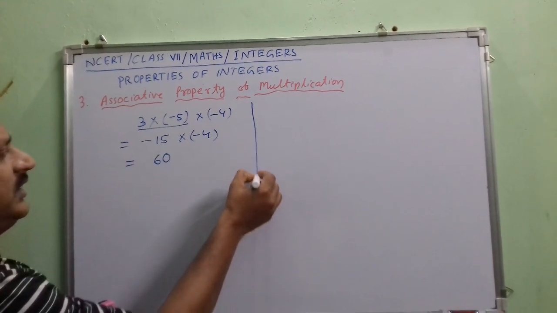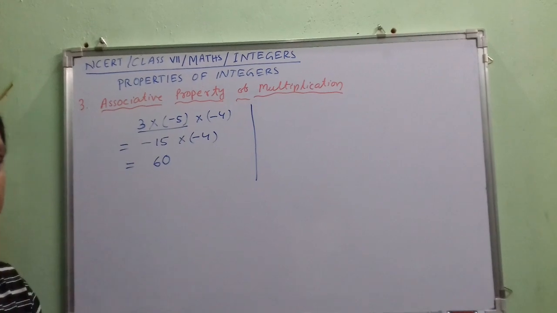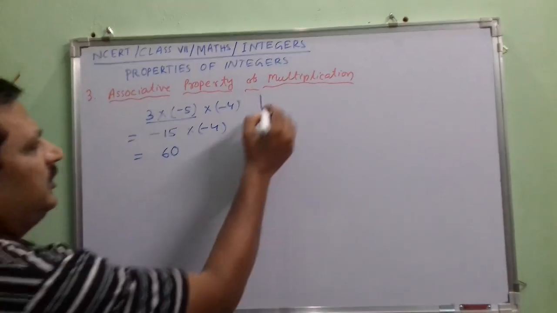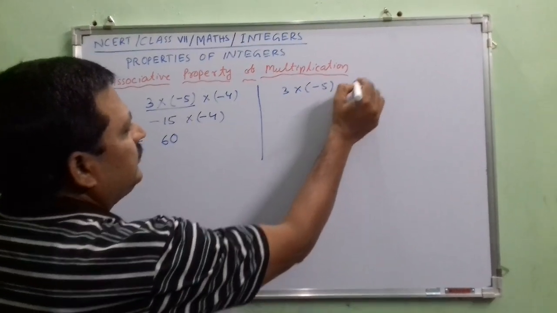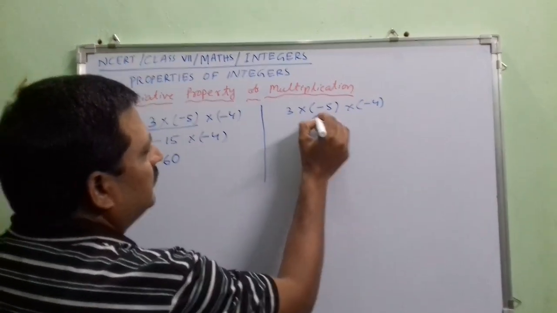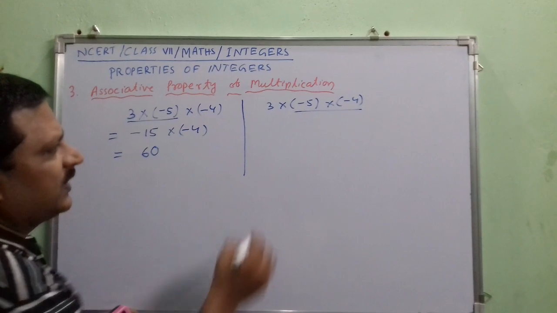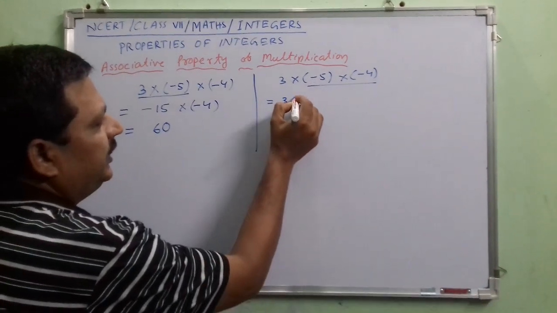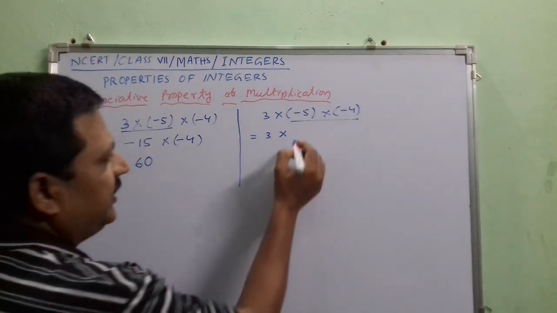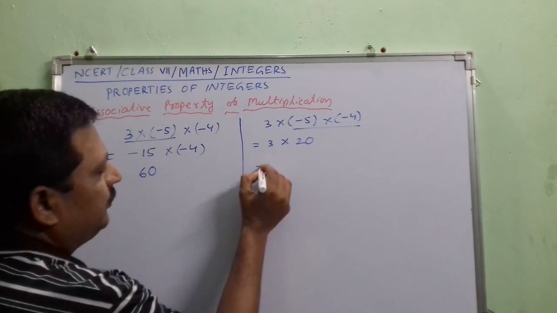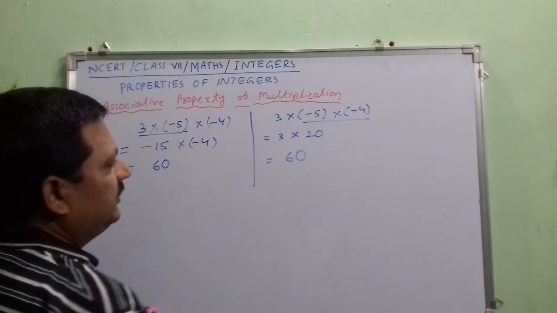Now let's multiply the same thing in another way. Here we shall multiply the last two numbers first. Minus 5 into minus 4 is 20. So 3 into 20 is again 60.